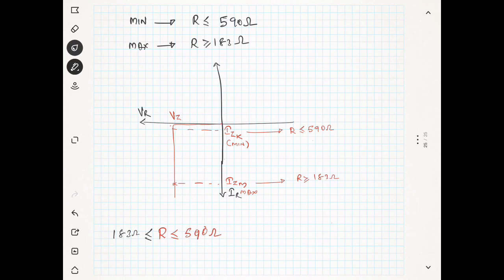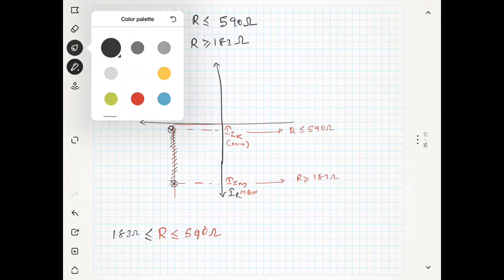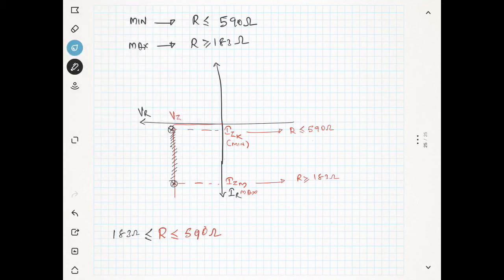So I have now got 2 points, minimum and maximum. So which is the optimum? Because these are all the operating region. Out of this operating region, I can select any point. I can select any value of R between these two, minimum and maximum limit. Now I can say that the best way to choose is by taking the average.